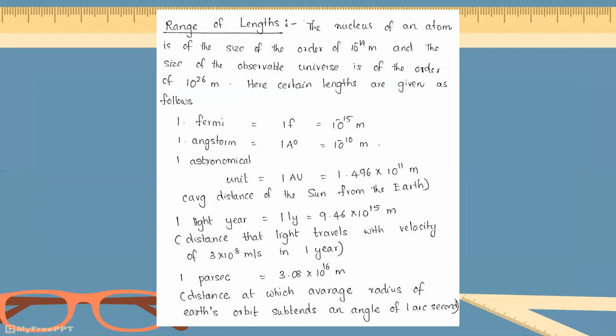The range of lengths changes from very small things to very large things. Smallest things like electron, proton, nucleus, atom are very, very small. And the very large thing is the whole universe. The sun, planets, all together form the universe.